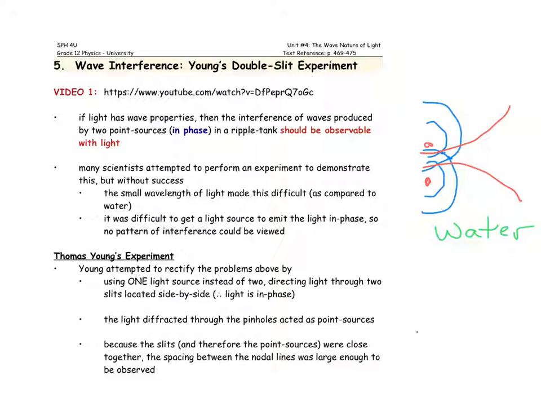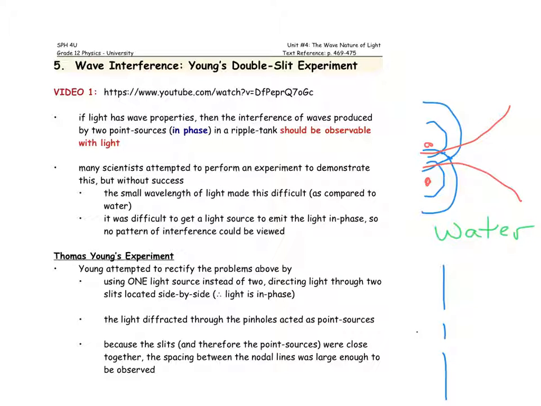So the famous guy, Thomas Young, did this famous experiment, and we've seen a video about this already. He tried to figure out how to solve this problem, and what he did instead was create these barriers, with two little slits here, and he had one light source.